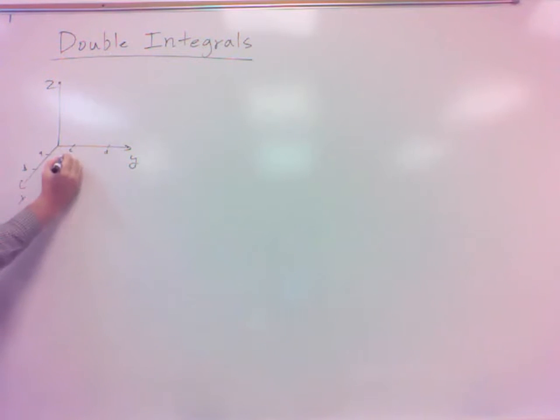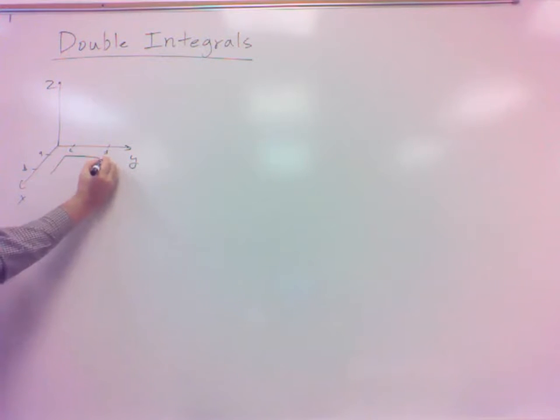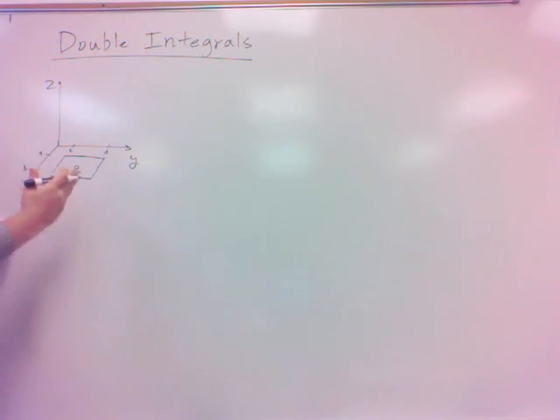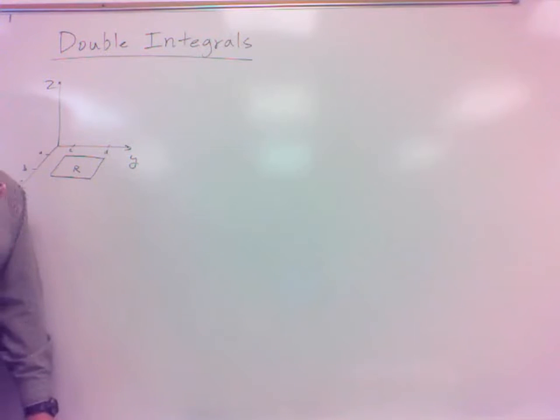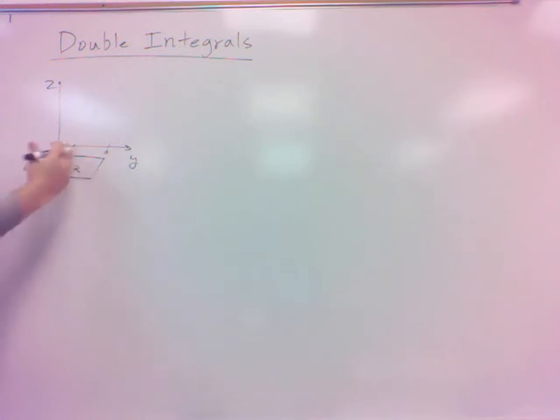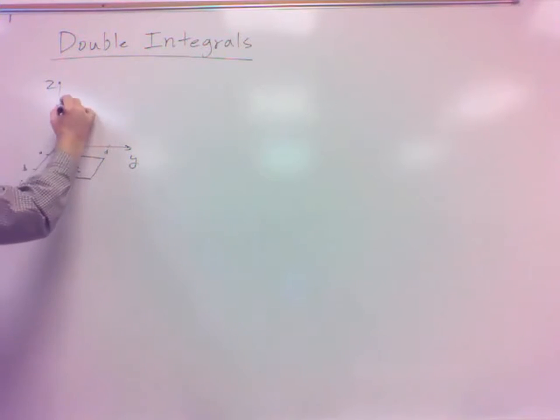And so that defines what they call a region R. So we're going to have to go in two directions here. Instead of just x running from a to b, y goes from c to d also. x still goes from a to b, but y has to go from c to d. All right, and so then we have this surface here.